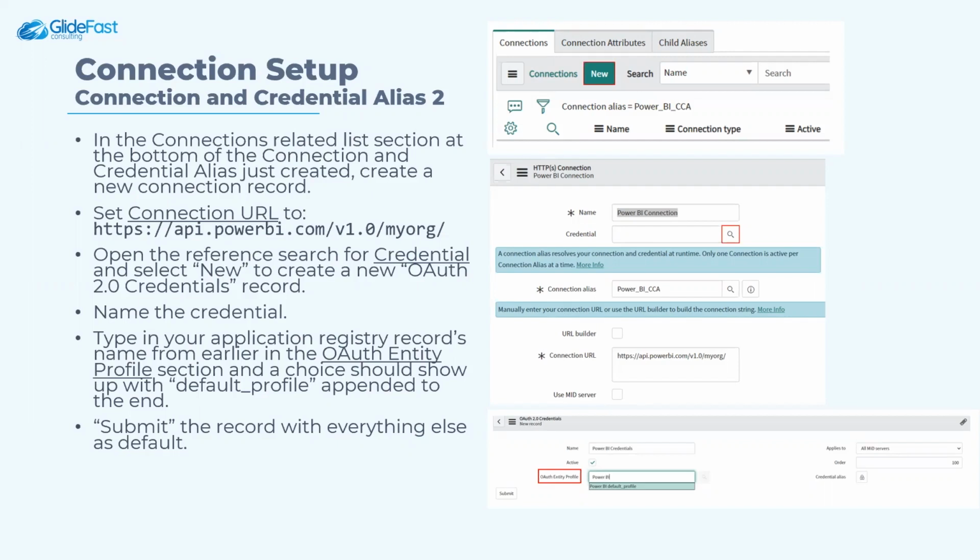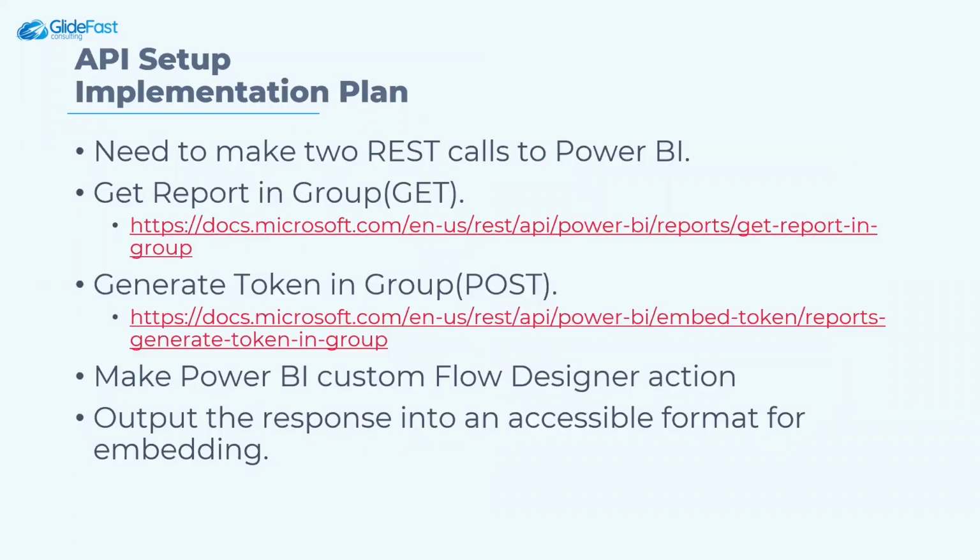And when you submit, you'll notice that your connection alias has been set. And then for the connection URL, you just have to put in api.powerbi.com/v1.0/myorg. And then your credential obviously was set from earlier as well. So once the connection and alias has been established, we can finally go ahead and begin the REST calls.